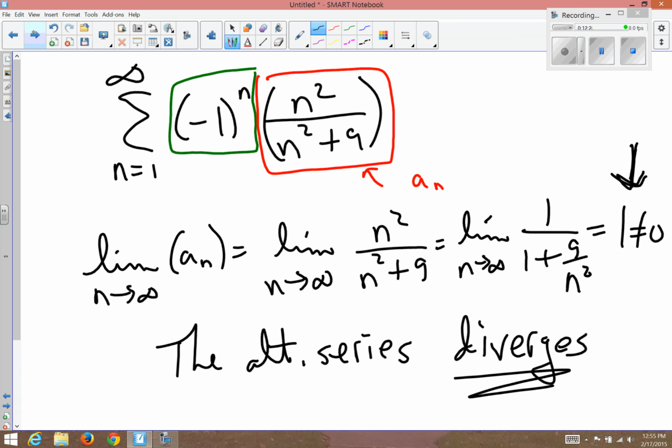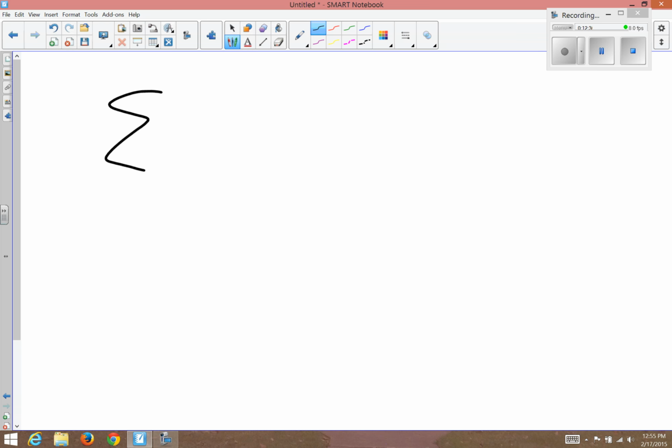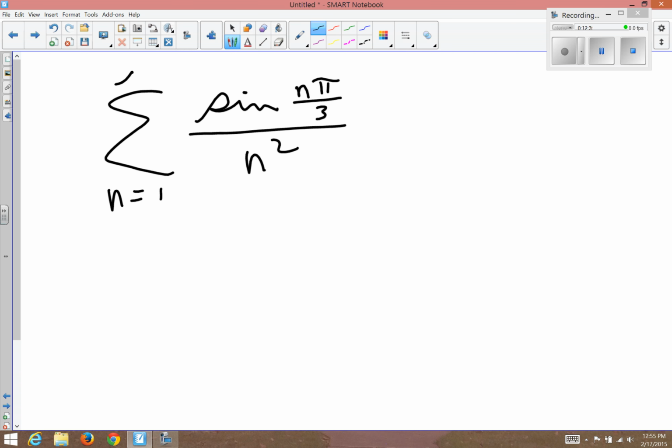One more example. Sigma, sine n pi over 3 over n squared, n going from 1 to infinity. The reason this is alternating is because when we make n 1, then 2, then 3, and so on, this changes from positive to negative to positive to negative.